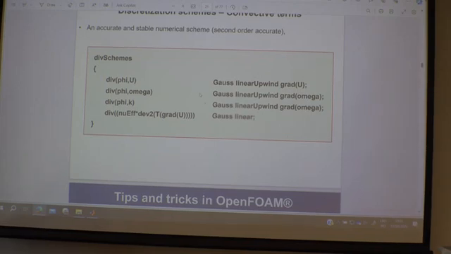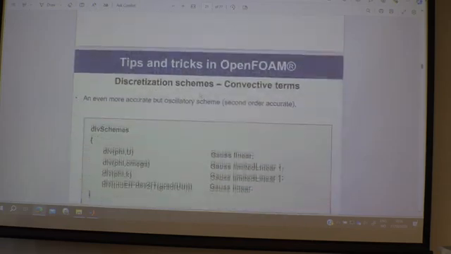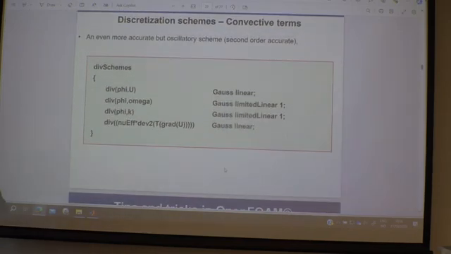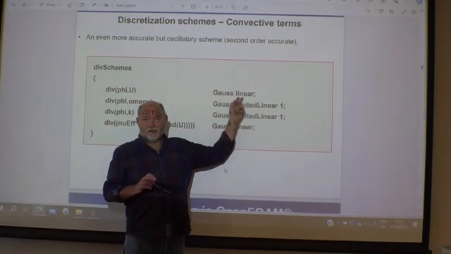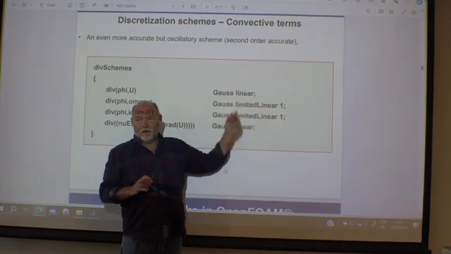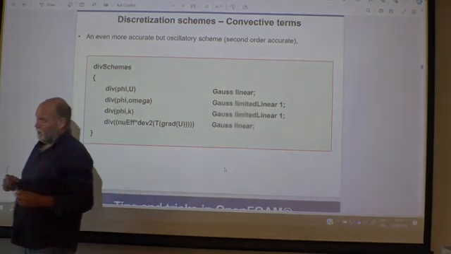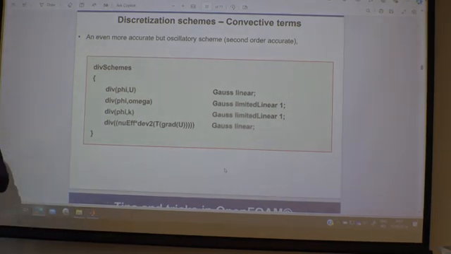Not as stable as the first order upwind, of course. Even more accurate, but this may be a little bit unstable. Now you are talking central scheme, second order accurate, and that one can be very, very jumpy. So be aware of that one. But it's more accurate, still second order.